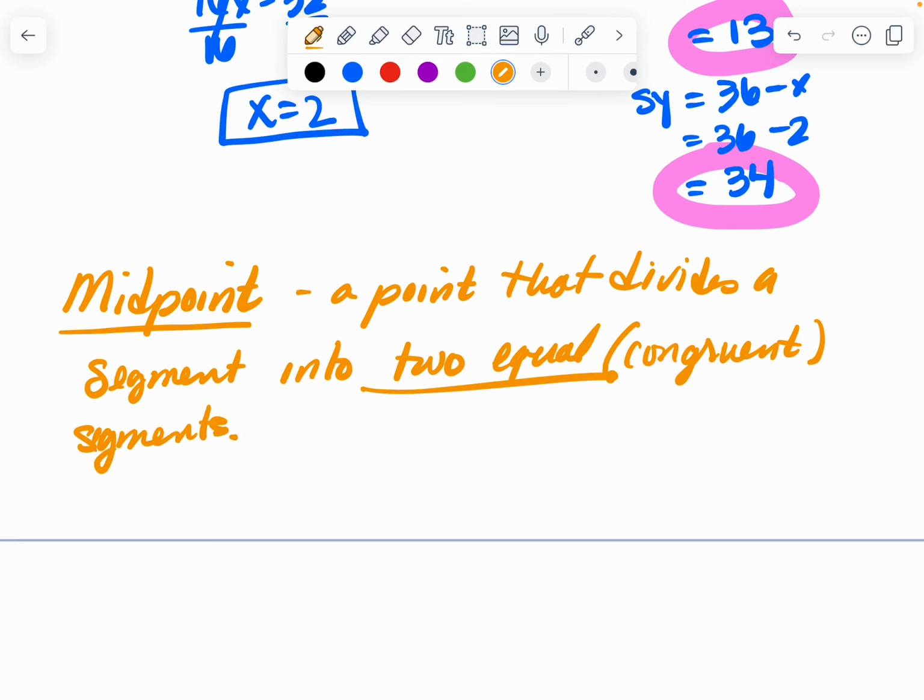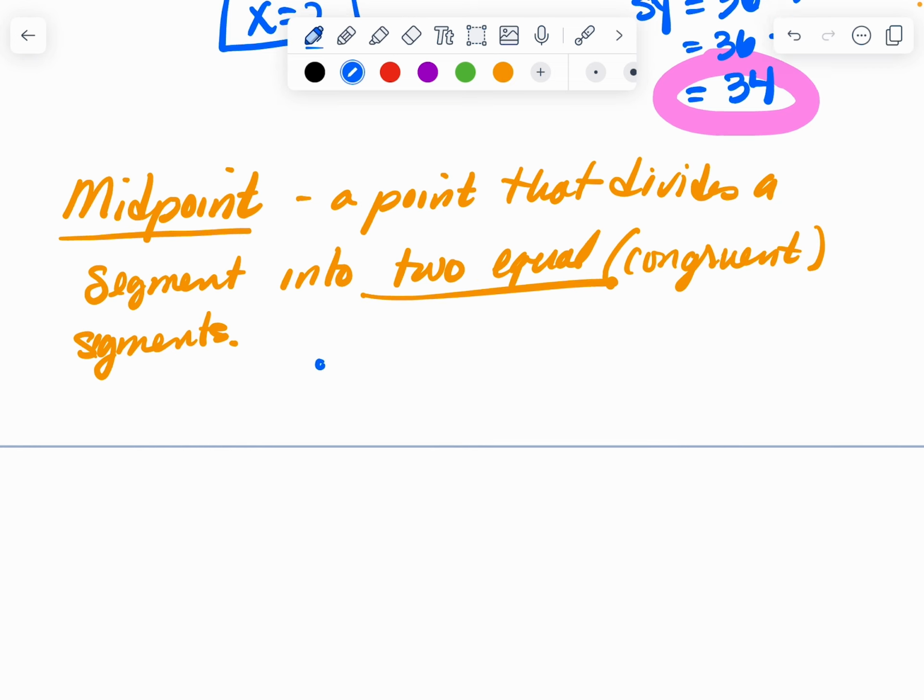So if I tell you something's the midpoint, it cuts it in half, where each of the two pieces are now exactly the same. That's important because as I tell you this is a midpoint, I'm not going to tell you, and by the way, they're equal. You're supposed to know that based on the words that are in the question.